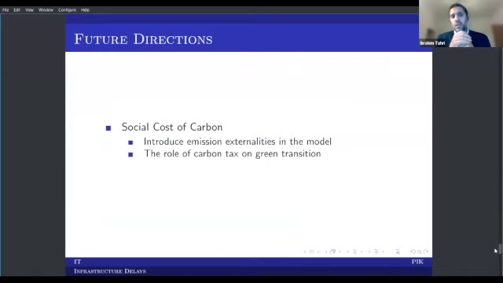We are also intending to extend the paper to include the social cost of carbon.